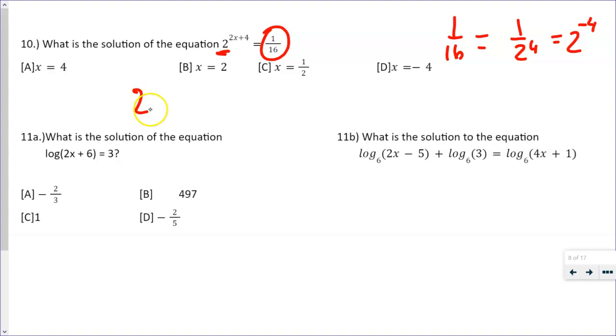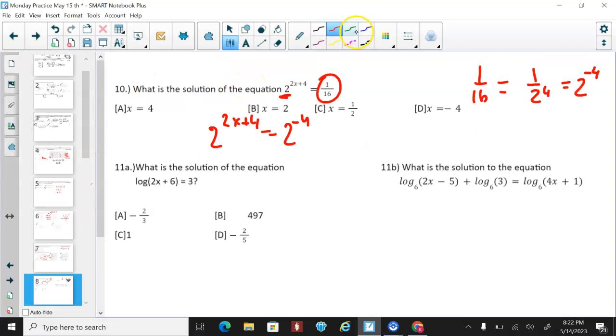So now, if I write this 2 to the x plus 4 equals 2 to the -4, now both of them have the same base, as you guys noticed, okay? The same base right here. And what happens when I have the same base on two sides of the equal sign? They cancel out, correct?